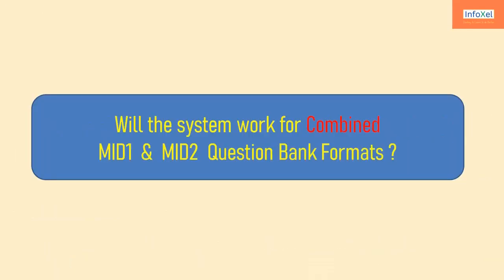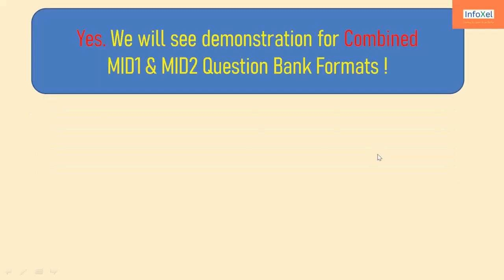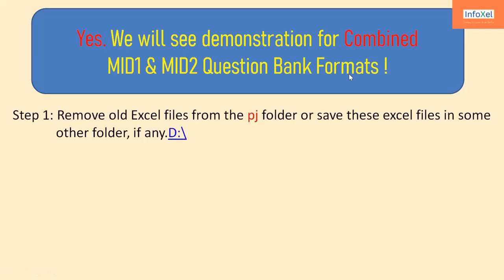Now, will the system work for combined mid-1, mid-2 question bank formats? Yes, we will see the demonstration. Step 1: remove old Excel files from the PJ folder or save these Excel files in some other folder if any.